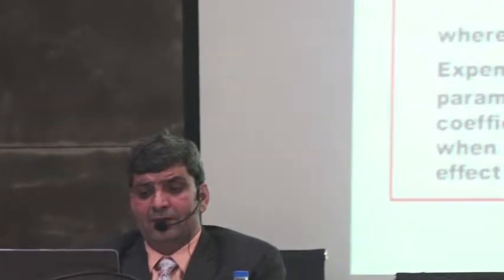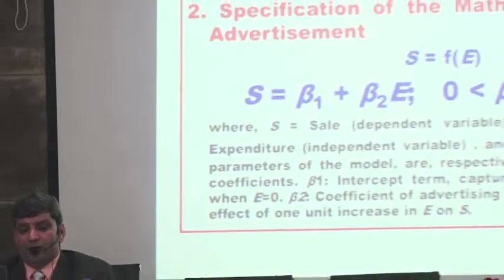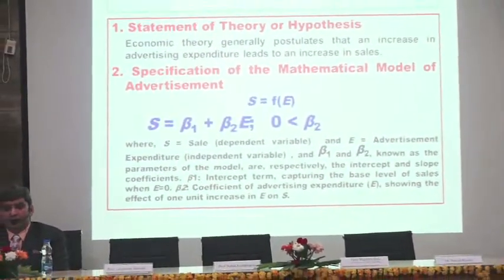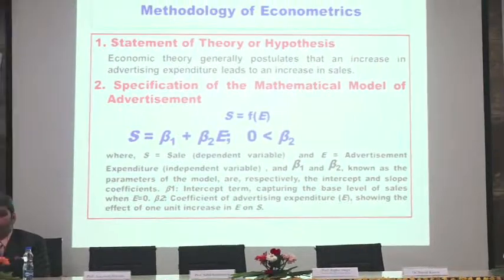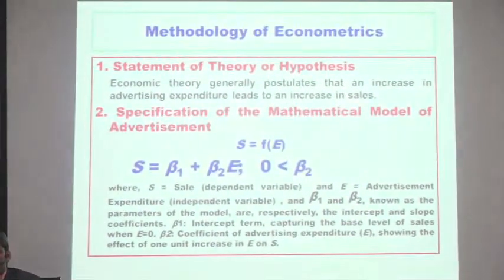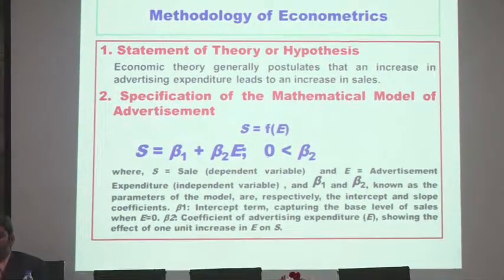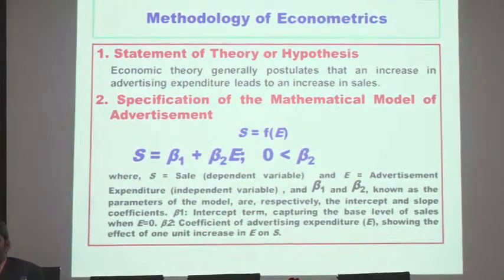There is exactness. If we know the values of beta 1 and beta 2, for any given value of E, we can estimate the value of S. For this model, we need the values of beta 1 and beta 2, and after that we can estimate S for any given value of E. This is the exact model.